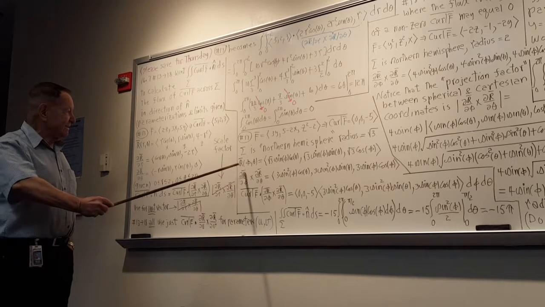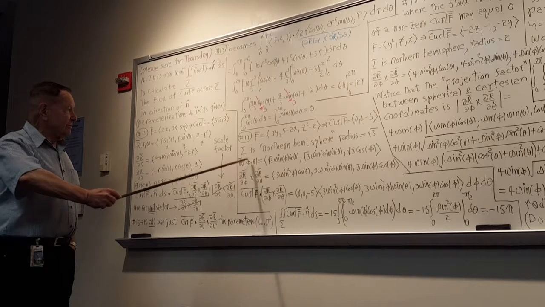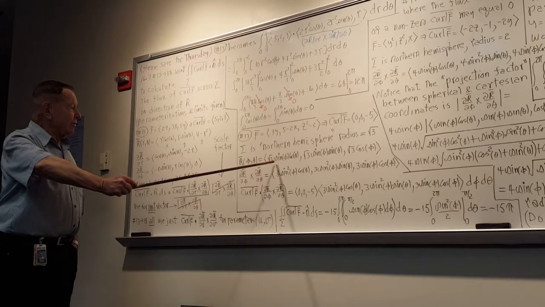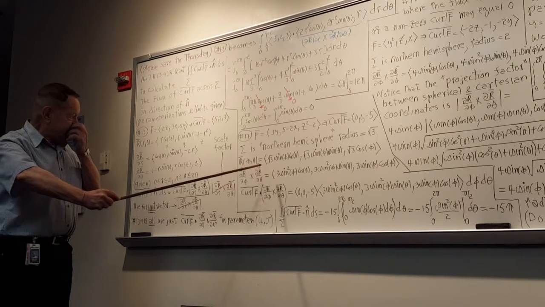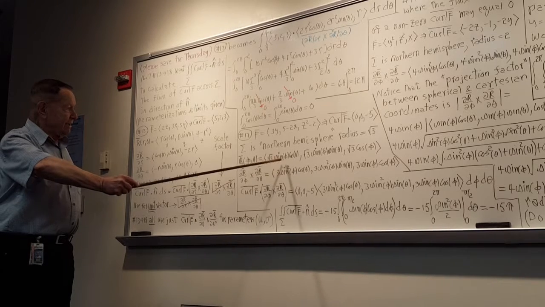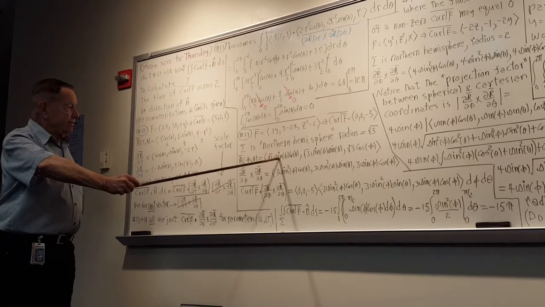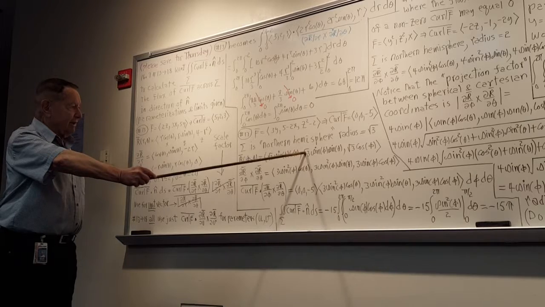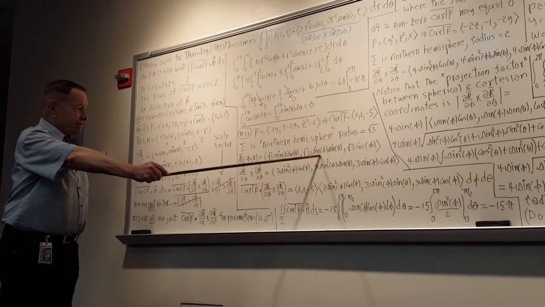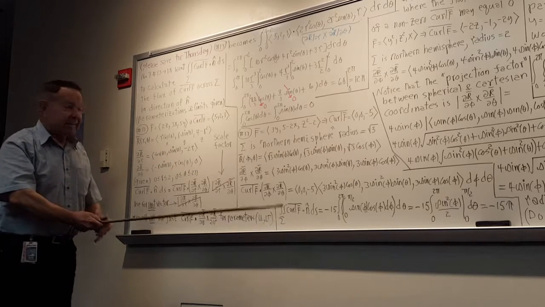And so you use the spherical coordinate parameterization for your surface, which is your radius, and then sine phi cosine theta, radius sine phi sine theta. This is x, this is y, this is z.